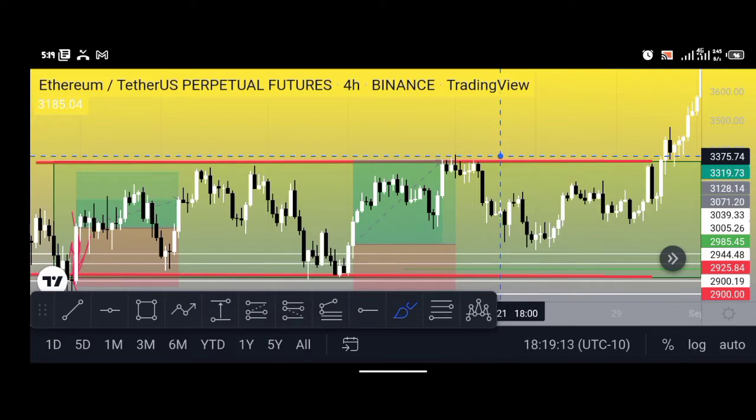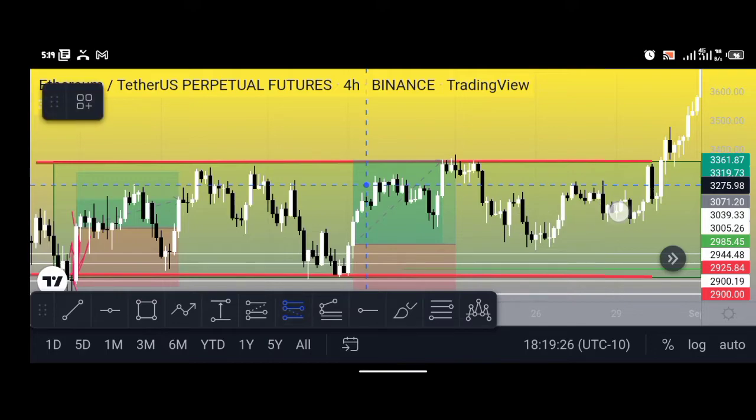After the formation of that candle, you pick your short tool to short the market. After the formation of these two tweezer top candles there, you pick your short to short the market.